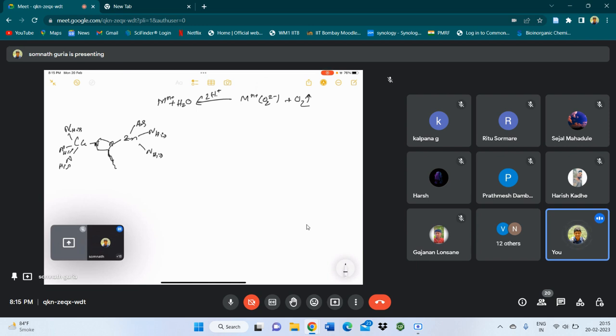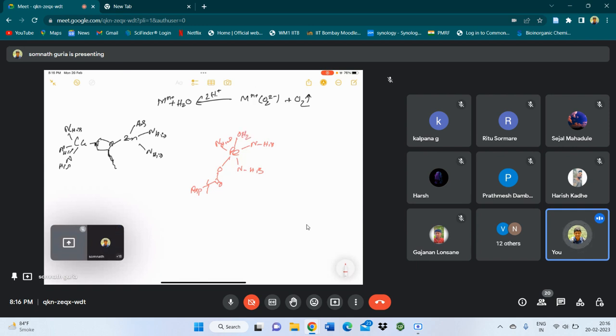In the iron, how it looks like: here is the N histidine, here is the N histidine, here is the aspartic acid present over here, O double bond O C, here ASP aspartate, and here is the N histidine and one water molecule.